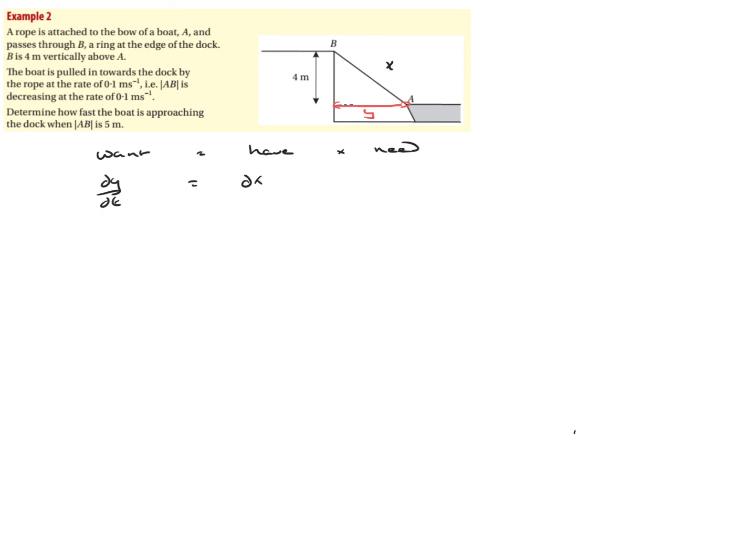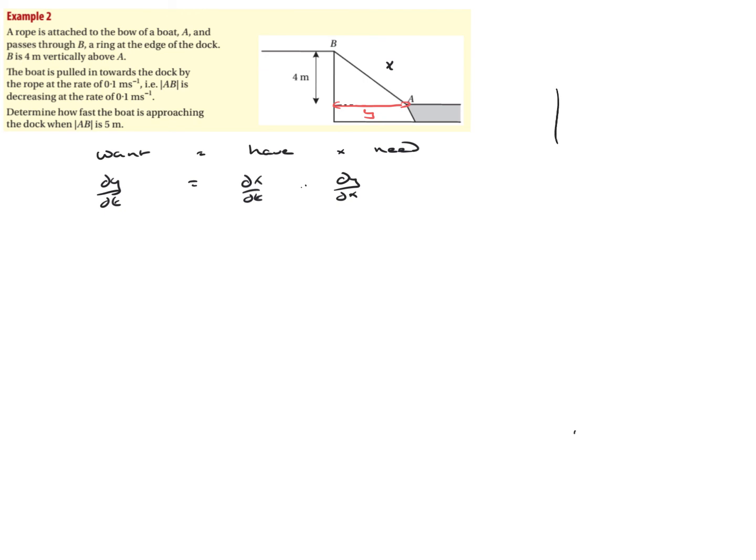According to my chain rule, I need dy on the top, and I've got dx as my third variable, so we're going to end up with dy/dx here. So we've got to find some linkage between y's and x's, and hopefully you can see this is a right angle triangle, so this is going to be quite nice.